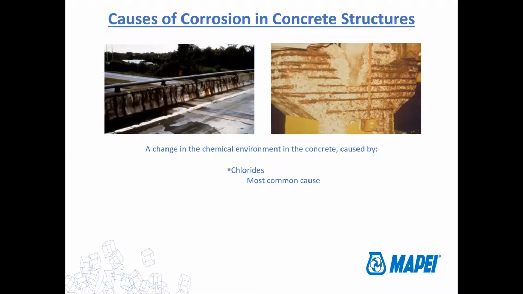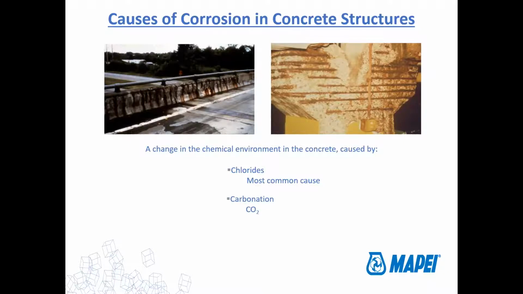Whether you're in the north like me, getting ready to enter our winter months where we're dumping road salt all over our roads and highways, or maybe you're on the coast and you've got airborne chlorides blowing in off the ocean. There's quite a lot of chlorides that are either naturally absorbed by the concrete, or that we're also just unnaturally putting there for various purposes, such as de-icing the roads.